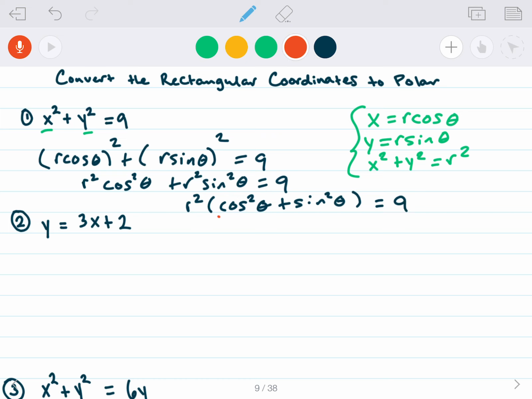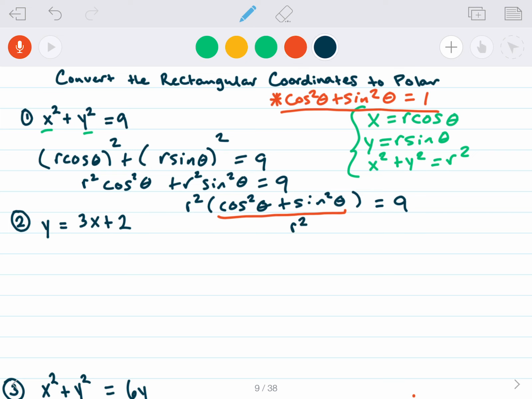Now, from trig or calc 1, or whenever the last time you saw this, calc 2 if you took me, cosine squared plus sine squared is a special identity. It's a Pythagorean identity, and this equals 1. So this is important. You'll probably use this in your homework at some point. But we're going to go ahead and make that substitution here to clean it up even more.